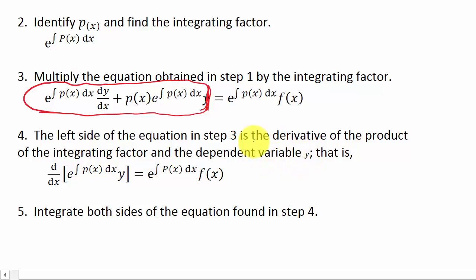So we take the integrating factor times y, and the derivative of that is this left hand side, and that equals the integrating factor times f of x. Then we simply integrate both sides.